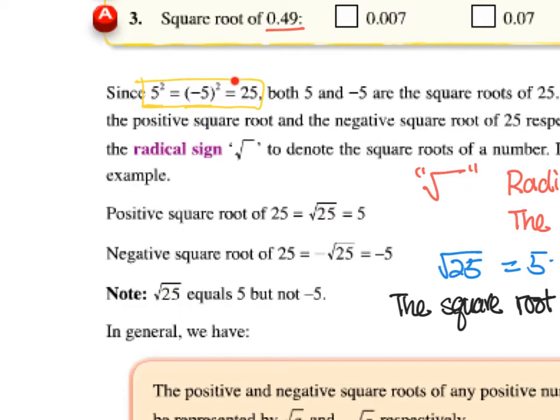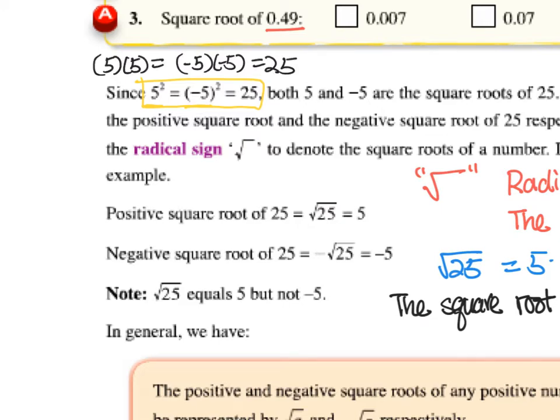And for 25, there are two cases. Not only 5 square, but also negative 5 square. They are the same. They are equal to 25.